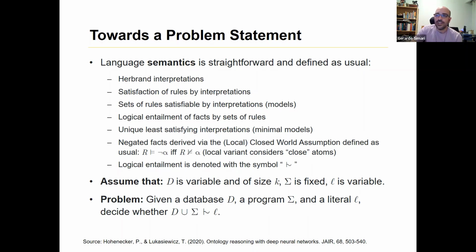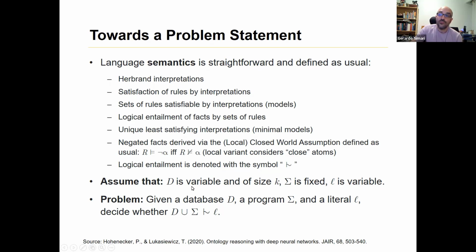And the logical entailment is denoted with this, usually we use the turnstile symbol where this is like a bar instead of a tilde, but in this case to make sure that we're using the author's notion of entailment, we use this symbol like they do in the paper.